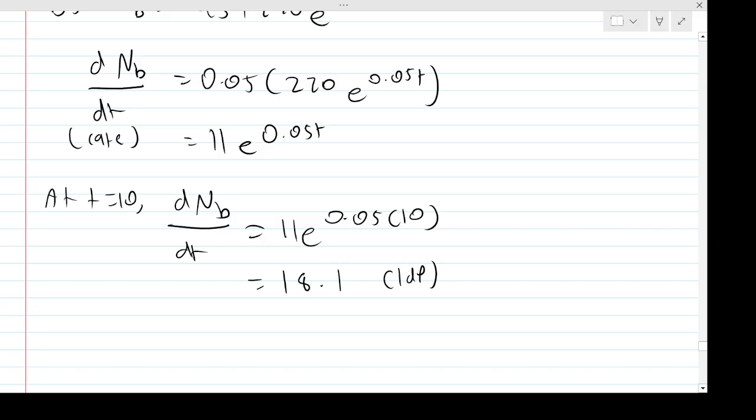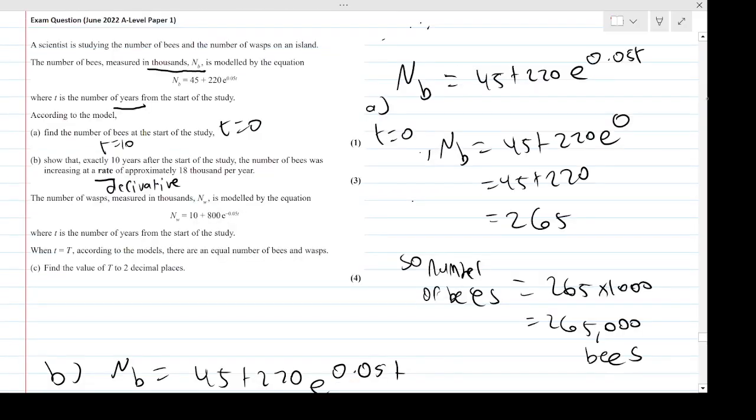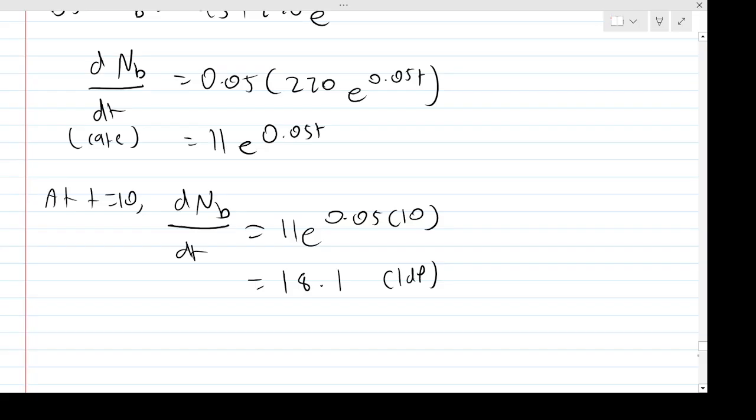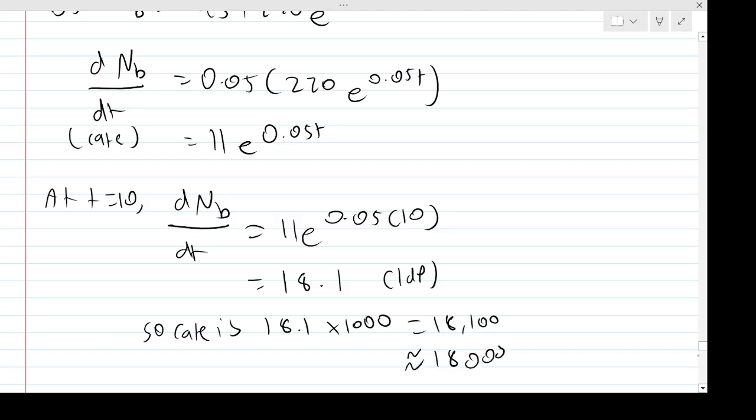But let's have a look at the question. We're nearly there, but we want the rate to be 18,000 per year. Well, remember, it's talking about the bees, so we need to times by 1,000 again. So the rate is 18.1 times 1,000, which is 18,100, which is approximately 18,000 bees per year.